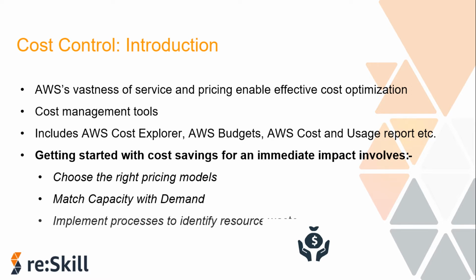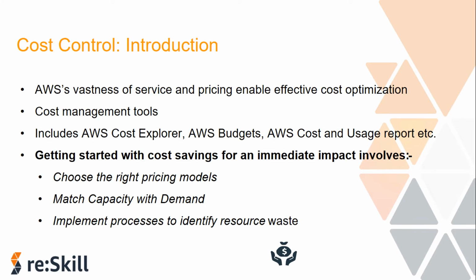Then we have implementing processes to identify resource waste, which says that apart from stopping and pausing, there have to be some mechanisms to identify wastage of cloud resources. So this section will discuss identifying such resource waste, like identifying wasteful storage in EBS and the same in S3, and deleting resources which cost you money.